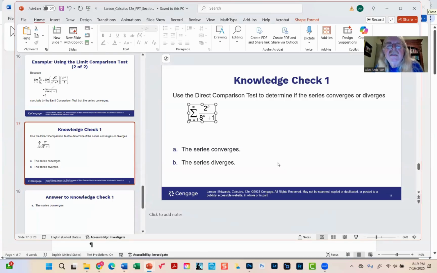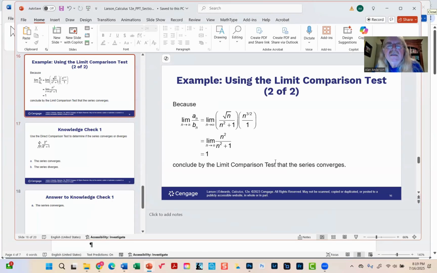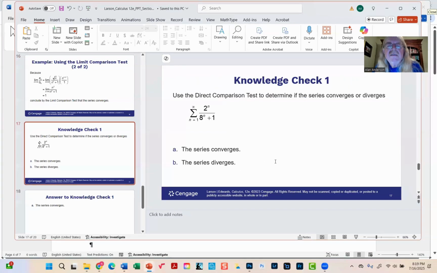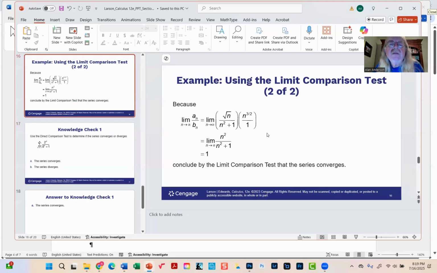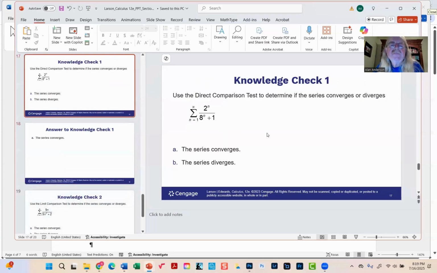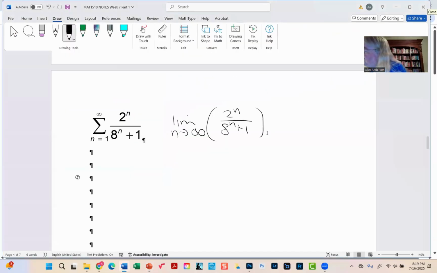Let's see, what can we compare this with? I think that what they intend for us to do here is compare it with, let's try 2 to the n over 8 to the n, which we know because actually, let me move this real fast.